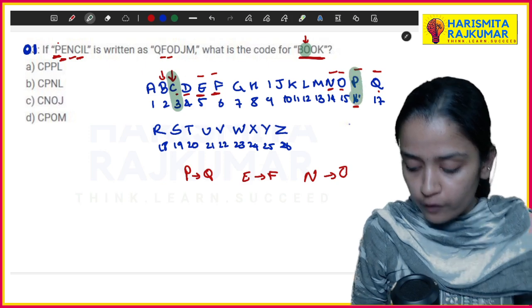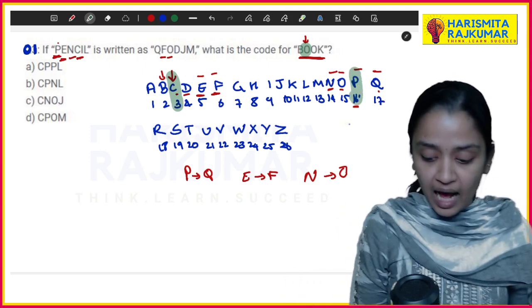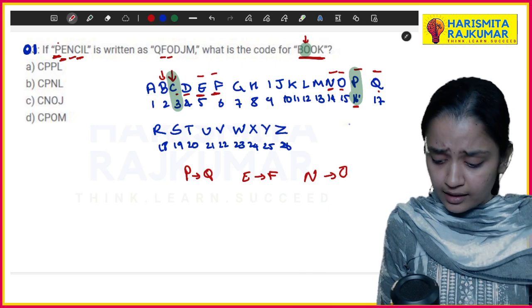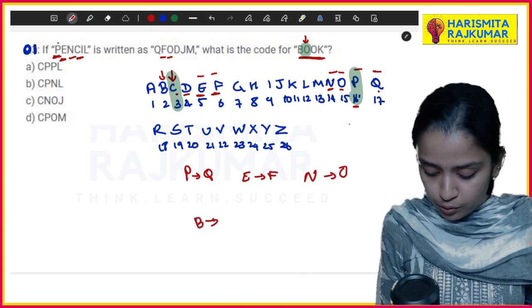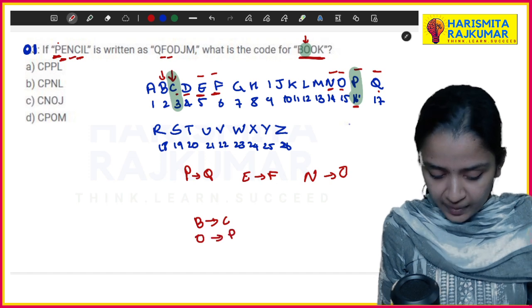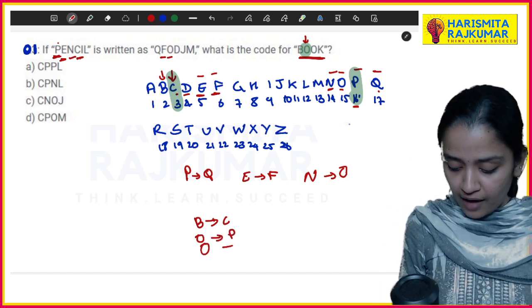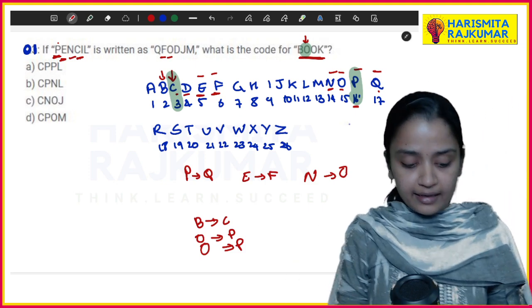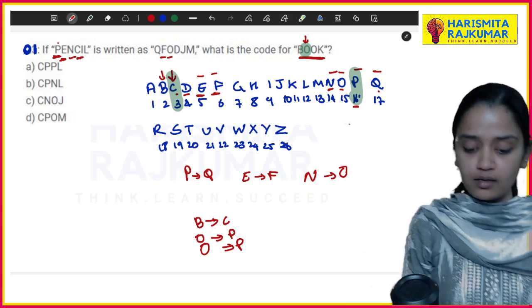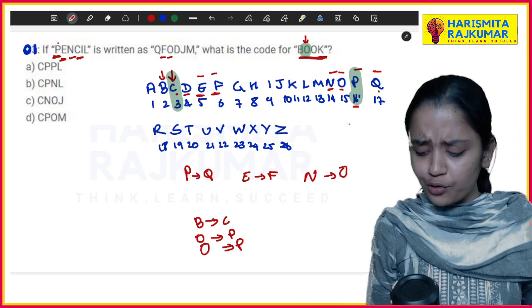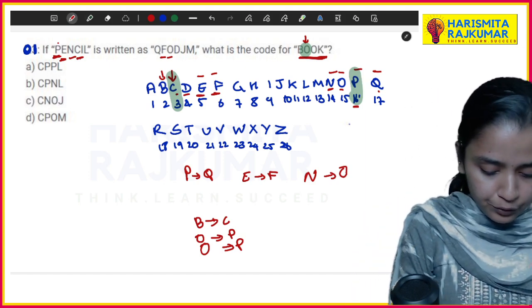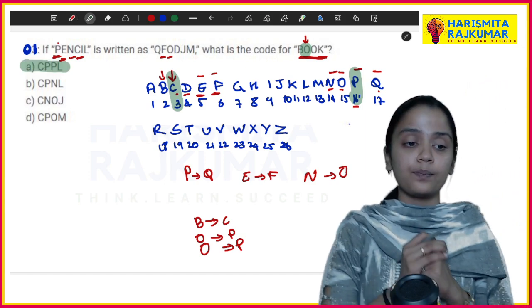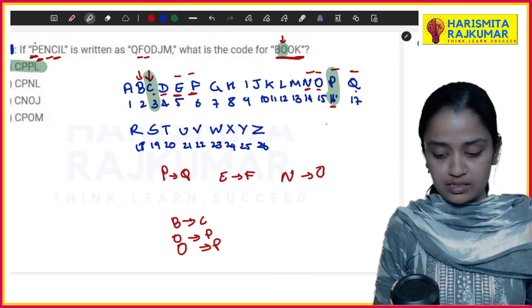P. So you should assign B to C, O to P. Then in book you have one more O, so one more P will be there. So your letters are CPP and then K. K you need not find, because from this itself you got the answer. It is CPPL. I hope you understood this sum.